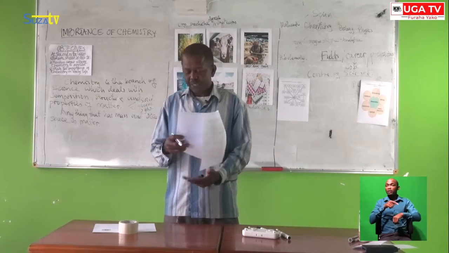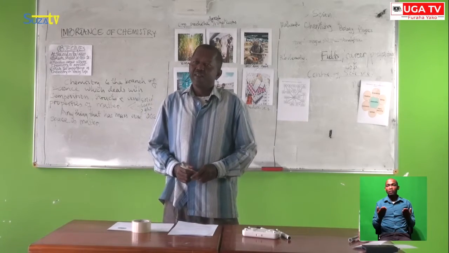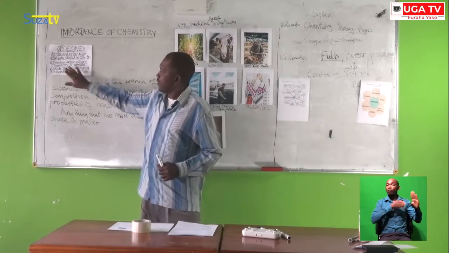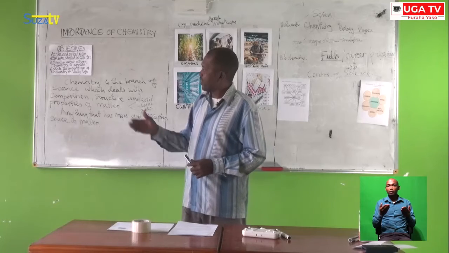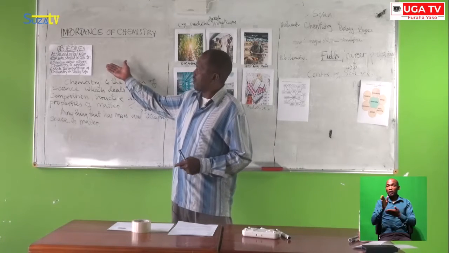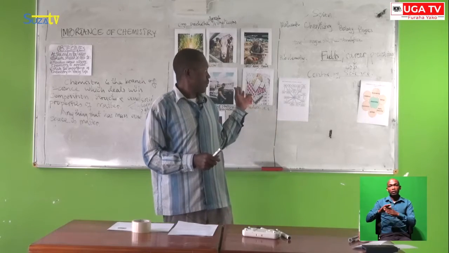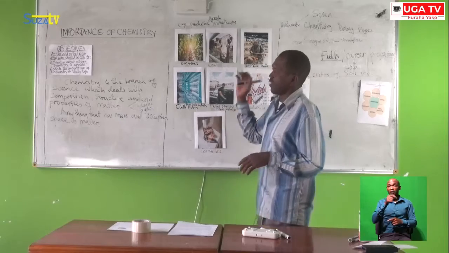From these different questions, I think now we go back to our objective. From now on, you can mention areas where chemistry can be applied, as we have seen in different pictures and diagrams.